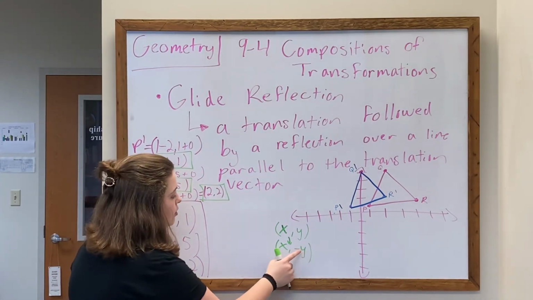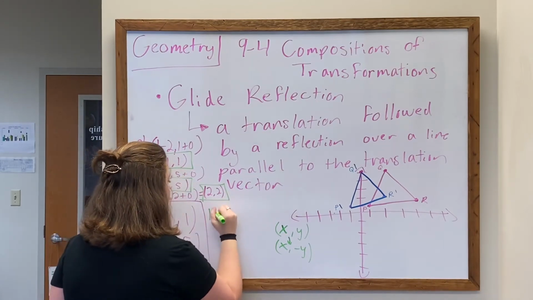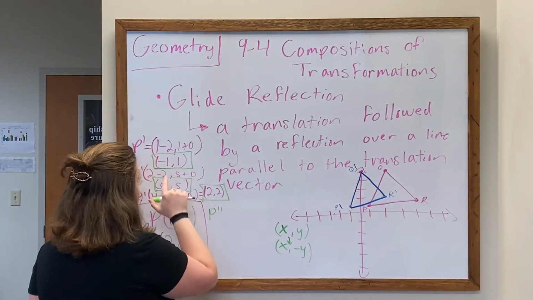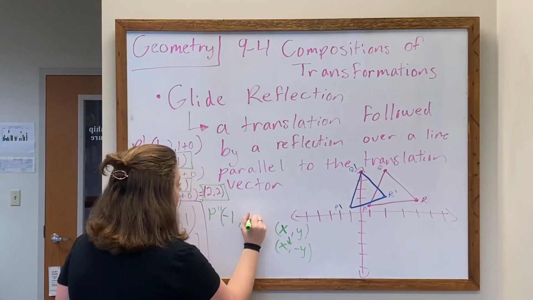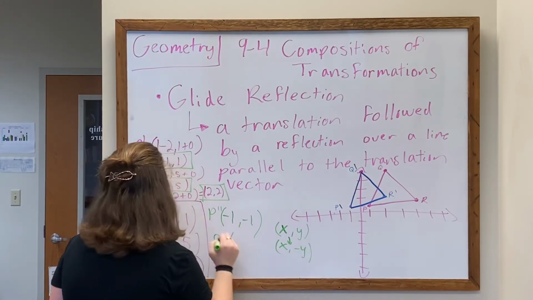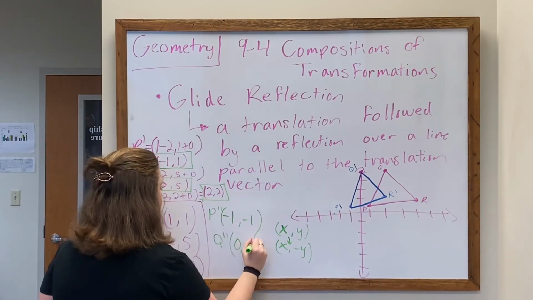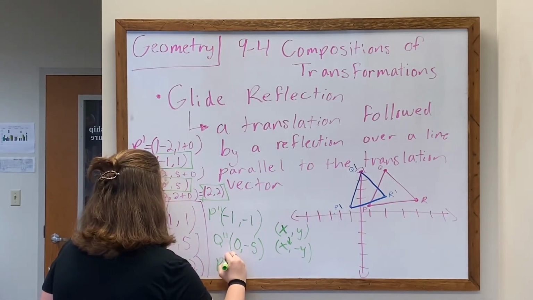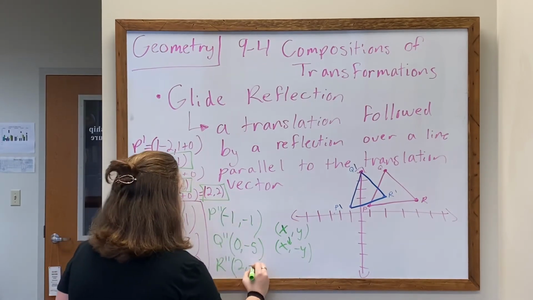I'm going to make all the y values negative. Our P double prime, this is our second time transforming it, is going to be -1, because our x stays the same, and then -1, because we've made our y negative. Our Q double prime is going to be still 0, because our x didn't change, and -5, because our y value is negative. And our R double prime is going to be 2, stays the same, and -2.